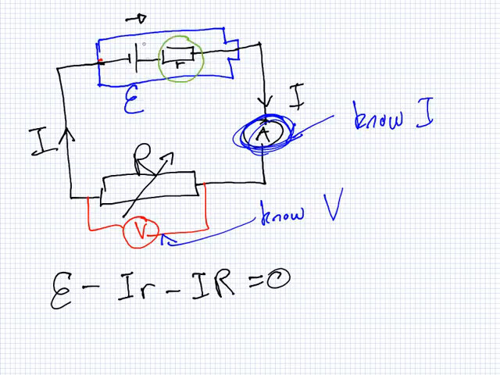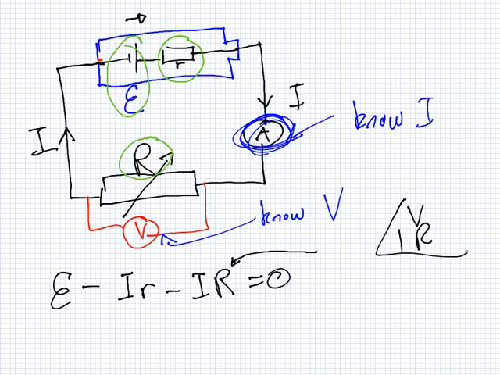That bigger R. You don't know this, and you don't know this. So I want to replace this here. If I use my triangle, I can say R equals V over I. So you can say E minus I r minus V equals 0.